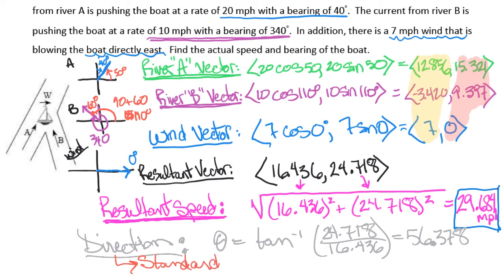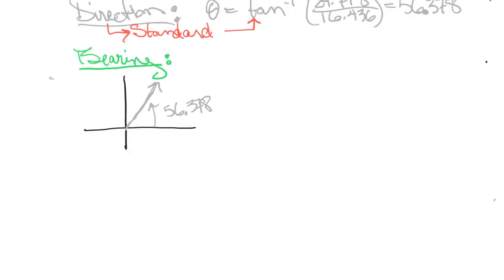Excuse me, I should say the tangent always gives us the standard angle measure. So we need to change that from the standard angle measure to bearings. Well, it's always easier to work off of a picture. So I drew the angle from the standard angle position, which is 56.375, and bearings starts due north, and it's going to rotate clockwise.